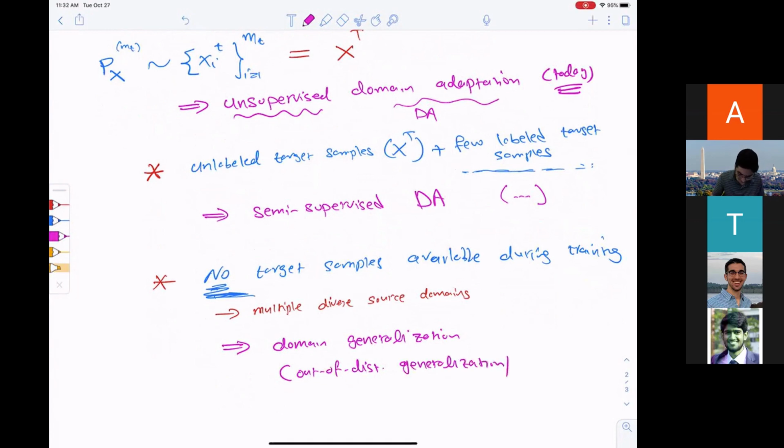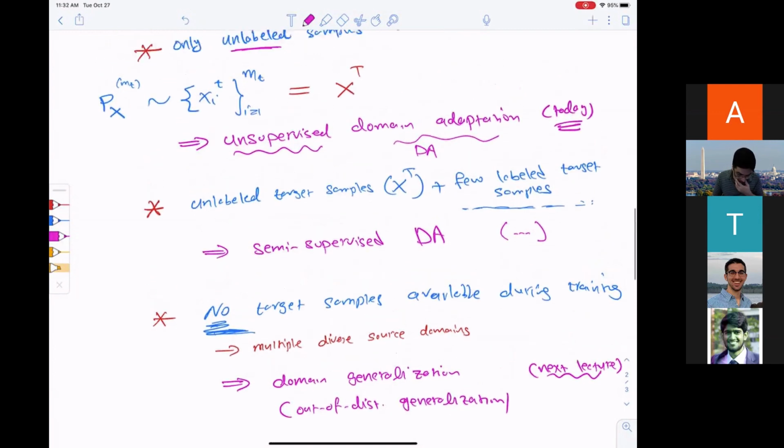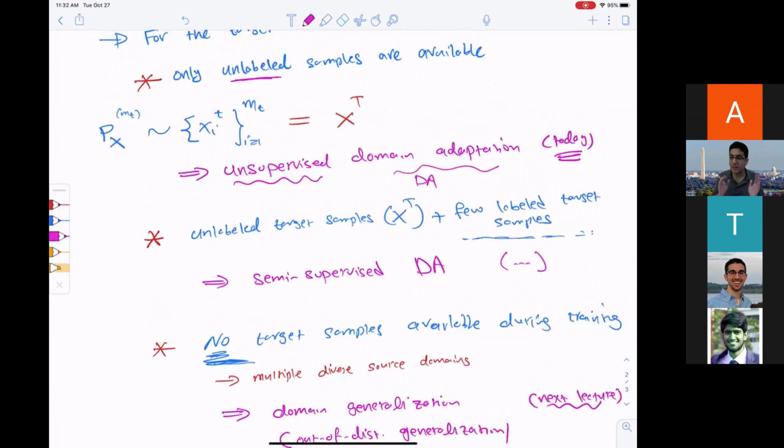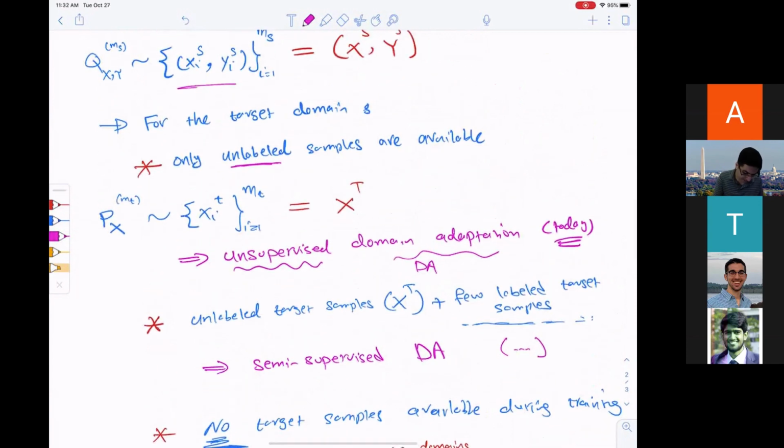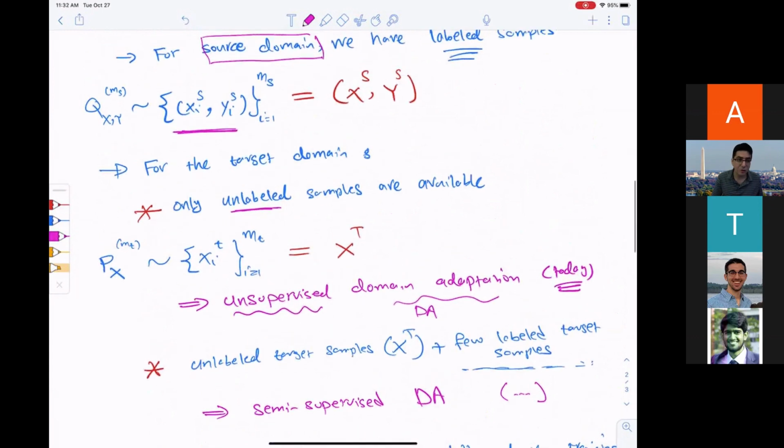So this will be the focus of our next lecture, depending on how much we can cover today. Okay, so basically we have 3 problems. In all of these problems, we have labeled source samples.